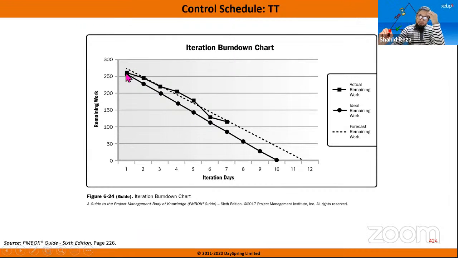Day 1 is 260, but day 2, say 240. You have done 20 story points the first day. Right. Okay. So you have to do 260 minus 20, 240. So this point will be 240.